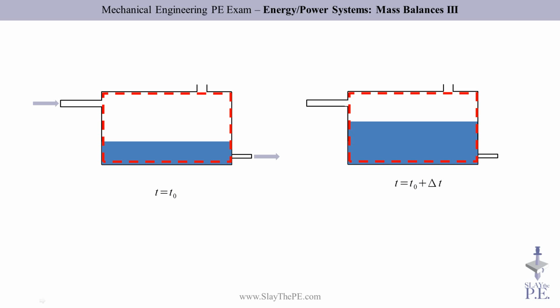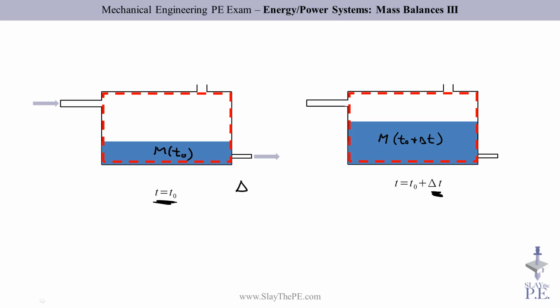If we take a cross-section of it and take a snapshot at some instant t equals t0, we see that we have some mass here, and then after a certain amount of time delta t has elapsed, we have a different mass at t0 plus delta t. So there has been a change in the mass as time went on by an amount delta t.